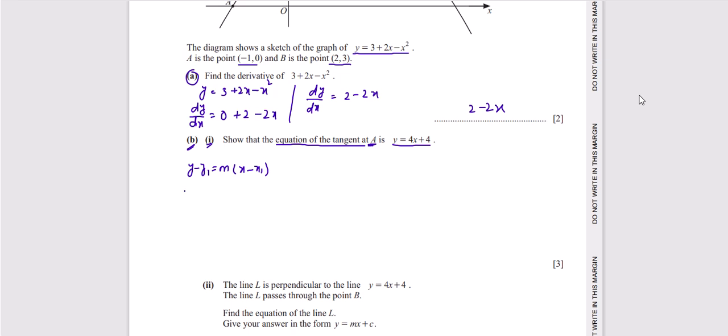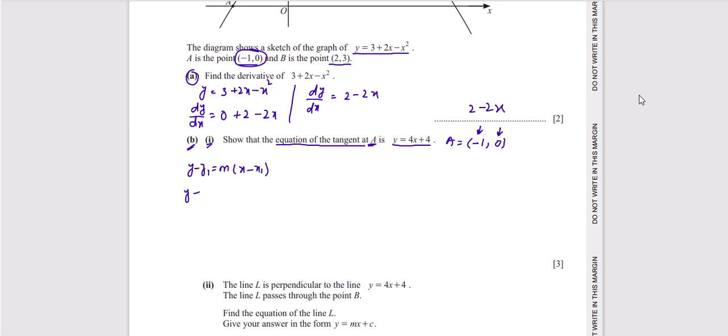y minus y1, the point of A, the point of A is this one. This one is equal to -1 and 0. First value is x1 and second value is y1.